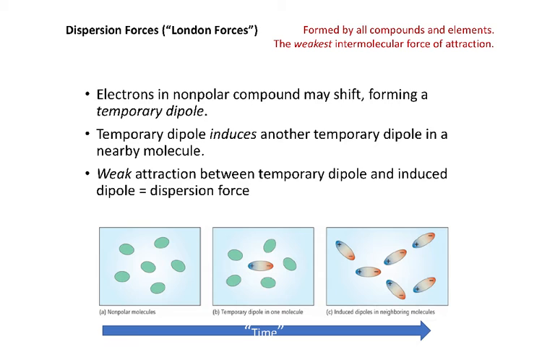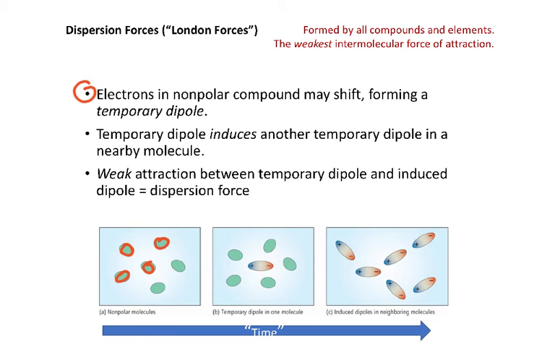So let's walk through how nonpolar molecules can lead to intermolecular forces. And we're going to use the figure down here at the bottom as we discuss it. So imagine we have a bunch of nonpolar molecules all around each other. And as we see here, the electrons, even though they're evenly distributed, they will naturally shift within the compound.